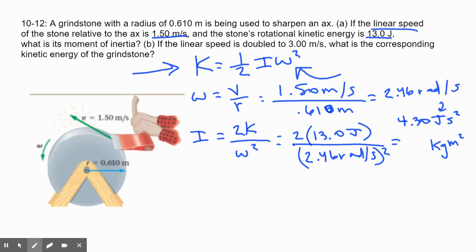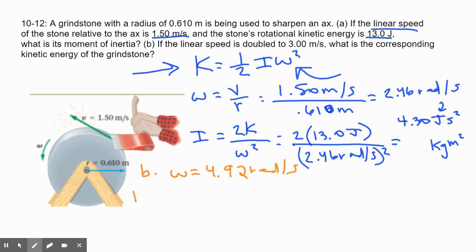Okay, so let's do part B now. I'm going to switch colors again. Part B: if we double the linear speed, what will the corresponding kinetic energy be? Well, if we double this linear speed, what's going to happen to the angular speed? Hopefully, you can see that it will also double. So if linear speed doubles, angular speed is going to double as well. And we will have 4.92 radians per second.